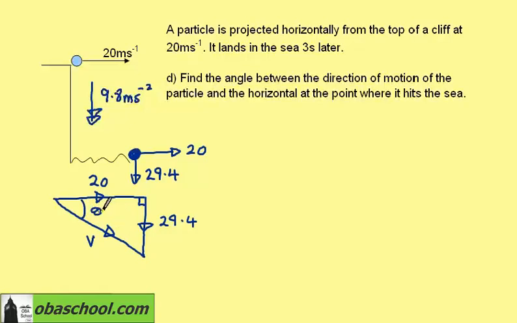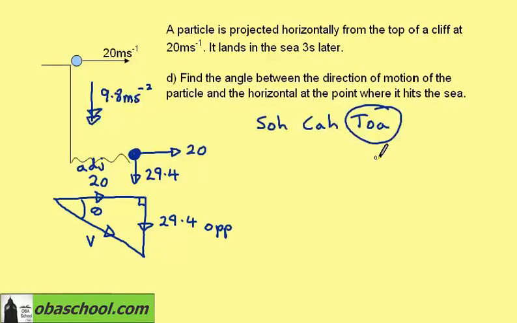We have a right-angled triangle, and this is the opposite, and this the adjacent. Using SOH CAH TOA, we have opposite and adjacent, so we need to use the tangent. The tangent of the angle theta is going to be 29.4 divided by 20.